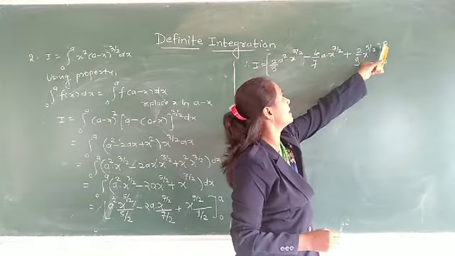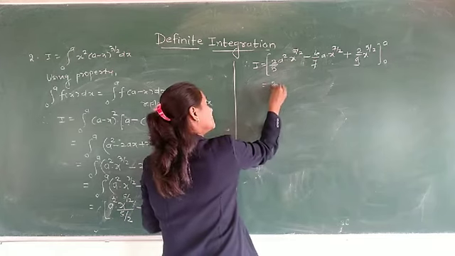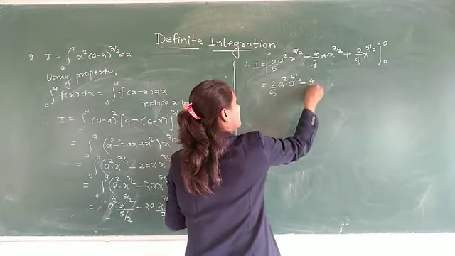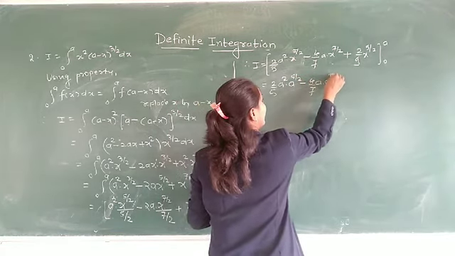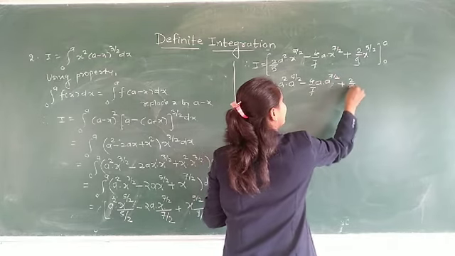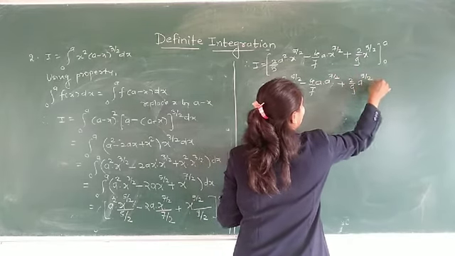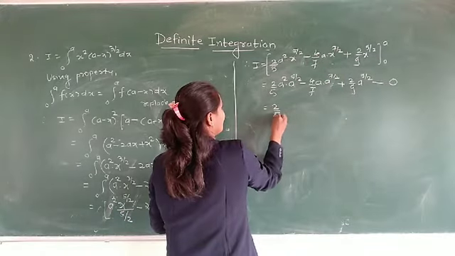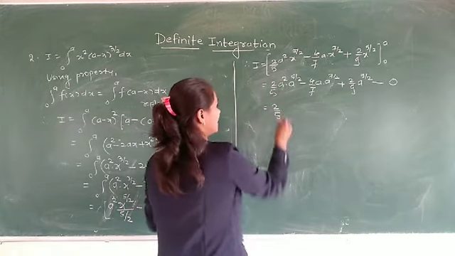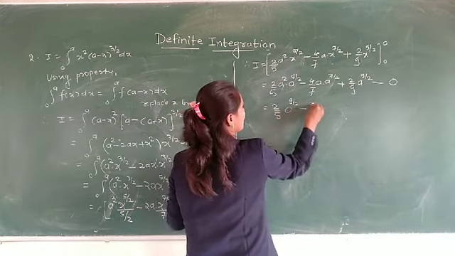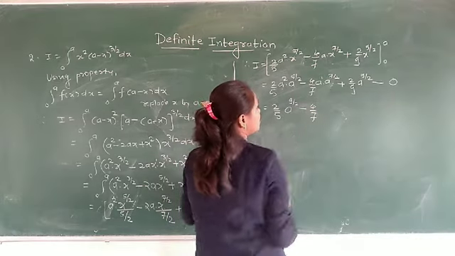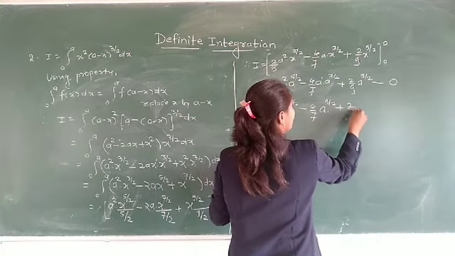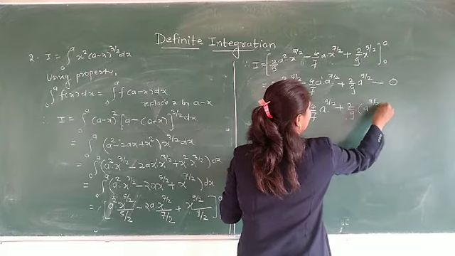So first we put upper limit a instead of x. 2 by 5 into a square into a raised to 5 by 2, minus 4 by 7 a into a raised to 7 by 2, plus 2 by 9 into a raised to 9 by 2, and the lower limit is 0. 2 by 5 a square into a raised to 5 by 2, that means a raised to 9 by 2, minus 4 by 7 a raised to 1 into 7 by 2, that means again a raised to 9 by 2, plus 2 by 9 into a raised to 9 by 2.